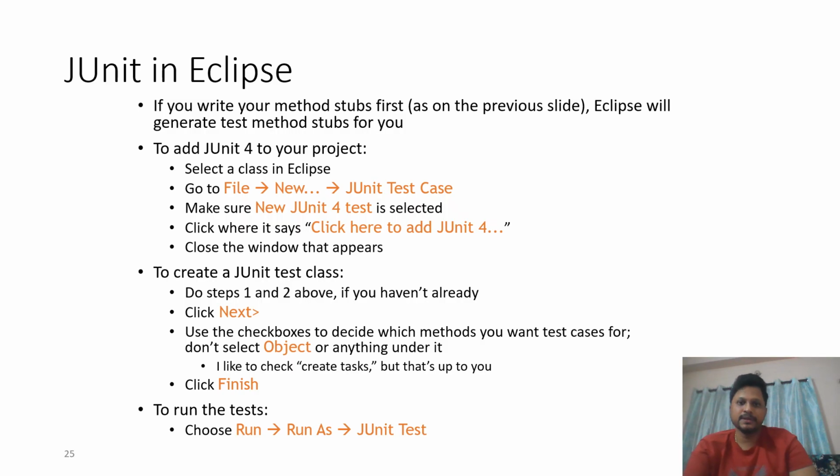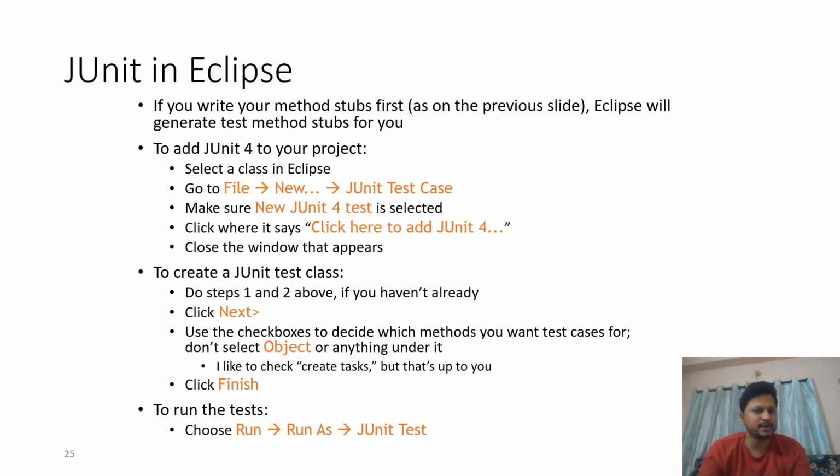Go to Eclipse, go to File, New, JUnit Test Case. Follow the steps I have mentioned here, make sure that New JUnit test is selected, click where it says click here to add the particular JUnit library, close that window, and it will appear with the JUnit test cases.